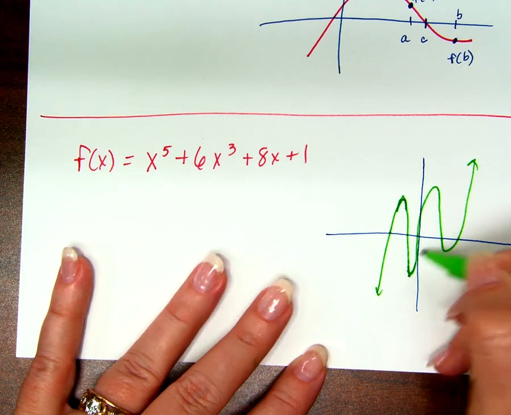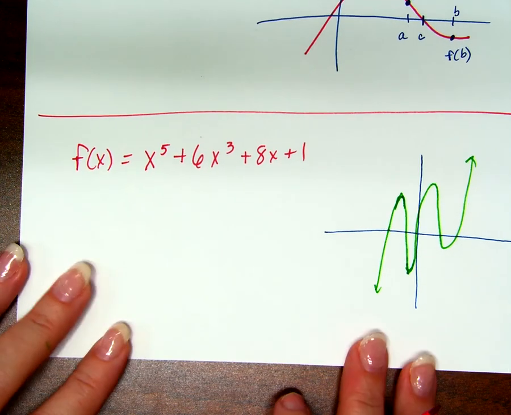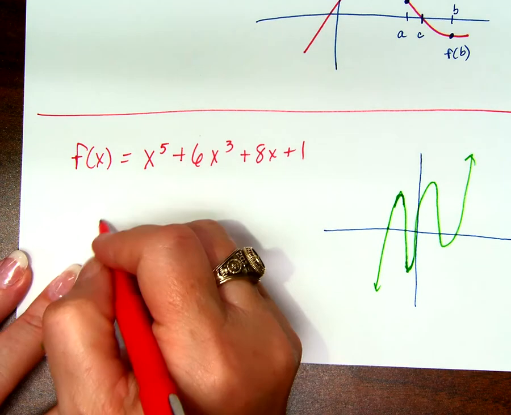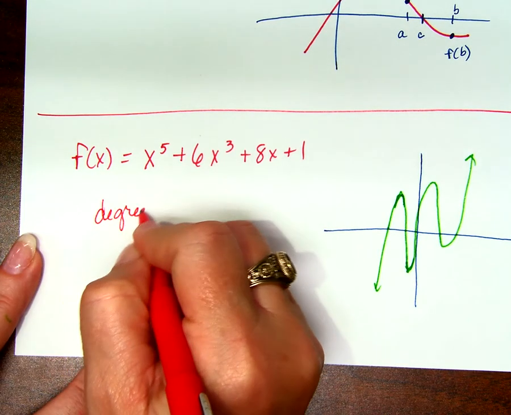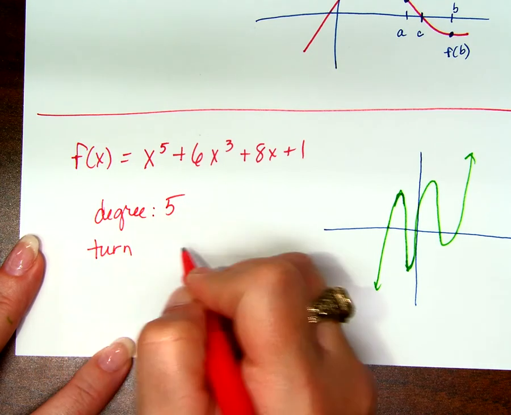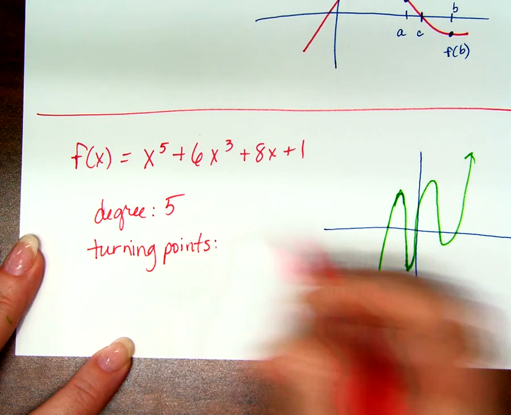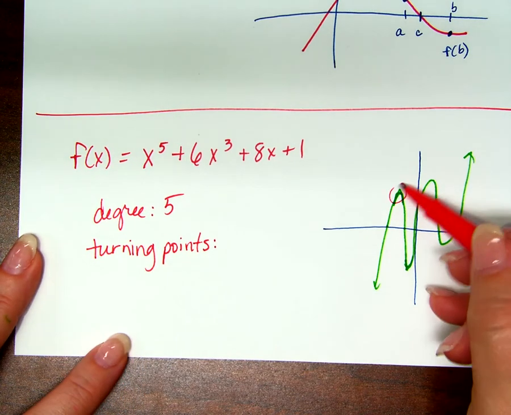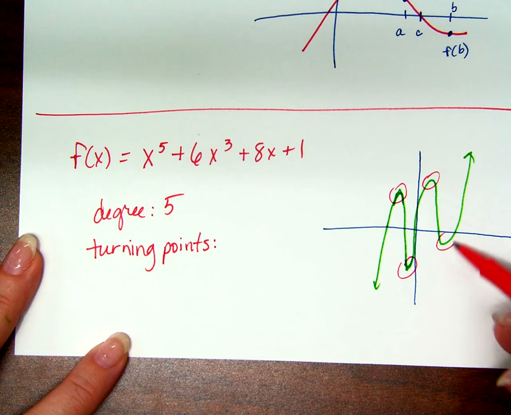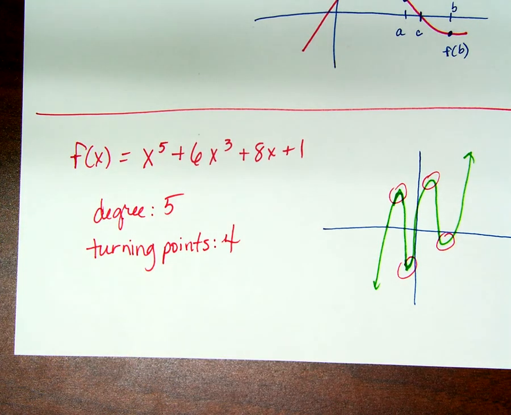Sorry about that. Okay? The graph looks something similar to that. What is the degree here? 5. How many turning points or turning places are there on the graph? 1, 2, 3, 4. How is the degree and the turning points related? Always? Is the number of turning points always one less than the degree?